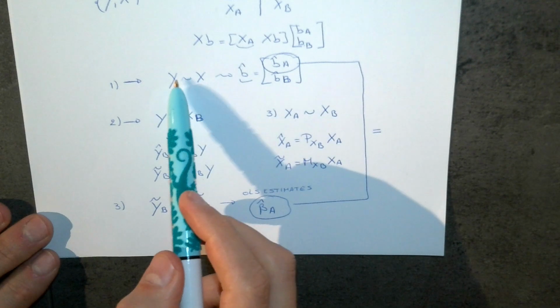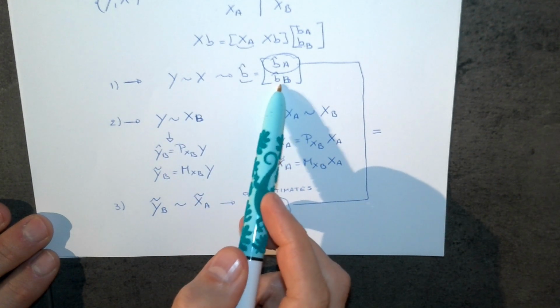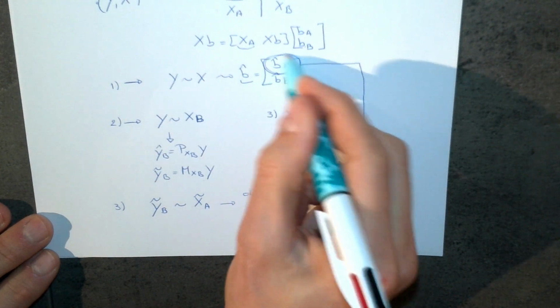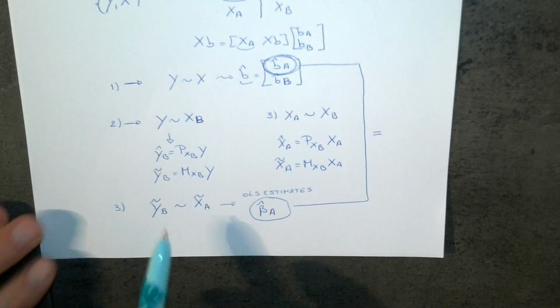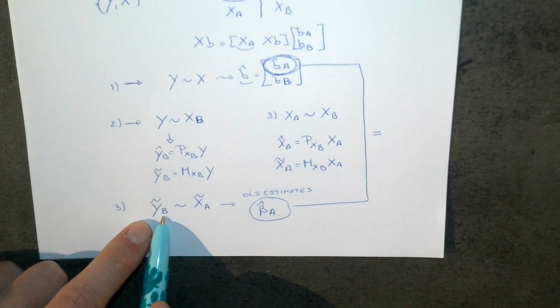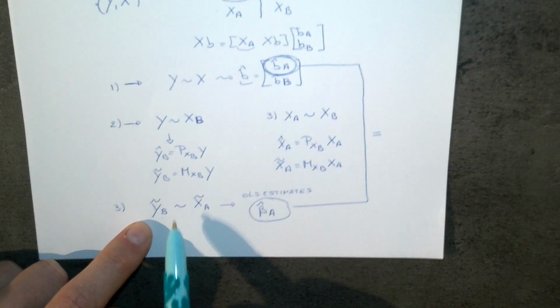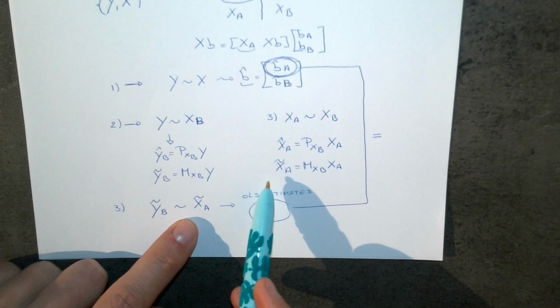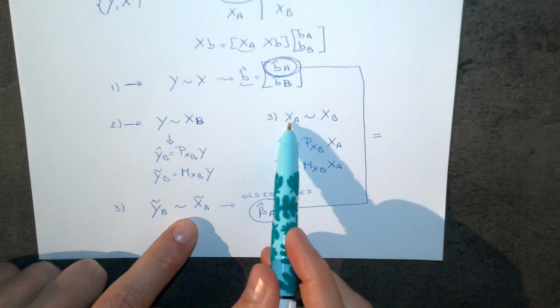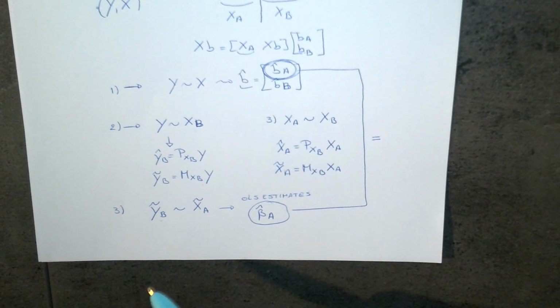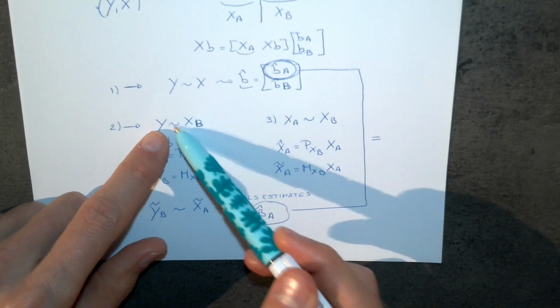It says that if you regress y on xa and xb, then the coefficients for a are the same as if you would regress the residuals of the regression of y on xb onto the residuals that you obtain after regressing xa on xb. So what you can do is you can regress y on part of the covariates.